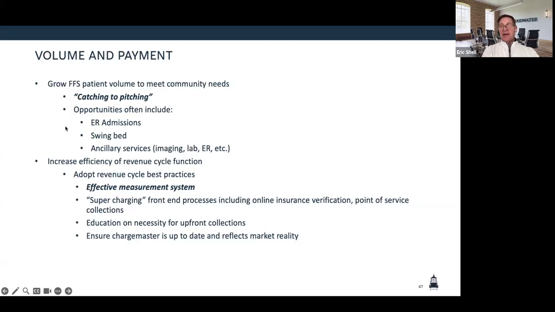So some of the areas that I see proactive opportunities around ER admissions. I like to see ER admissions between 10 and 12% of ER visits. And that's one that some hospitals don't pay attention to, it's 4 or 5%. Swing bed I've found is one of the most manageable service lines.